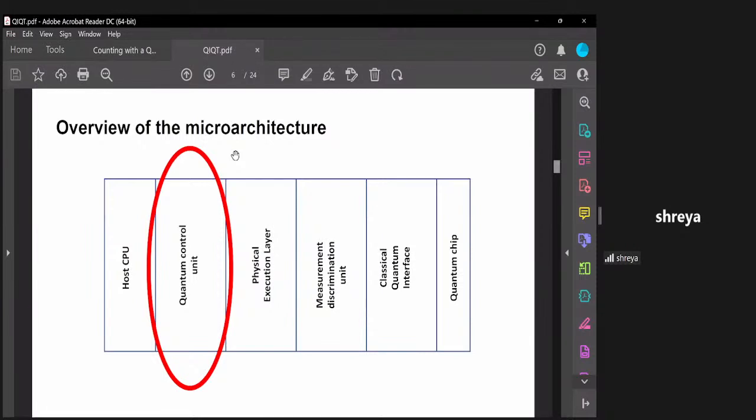And then there is a physical execution layer. The physical execution layer is the part where they use pulses, and the quantum thing actually happens. And then there is a measurement unit. Of course, it measures and gives back into classical terms. And then there is an interface which gives you back the result.